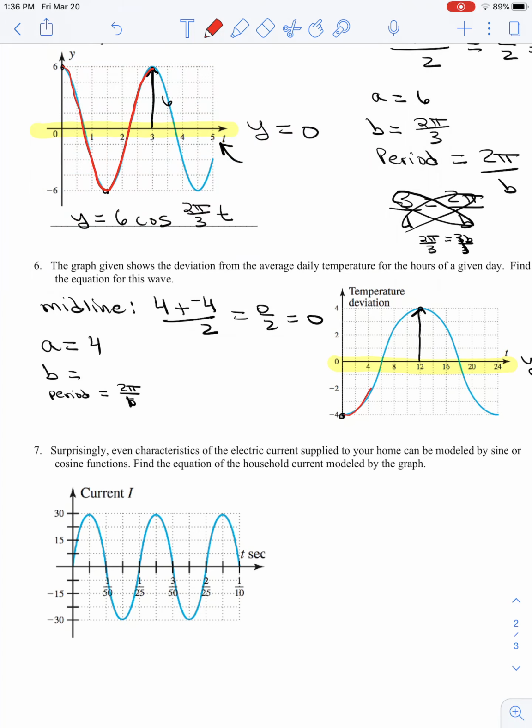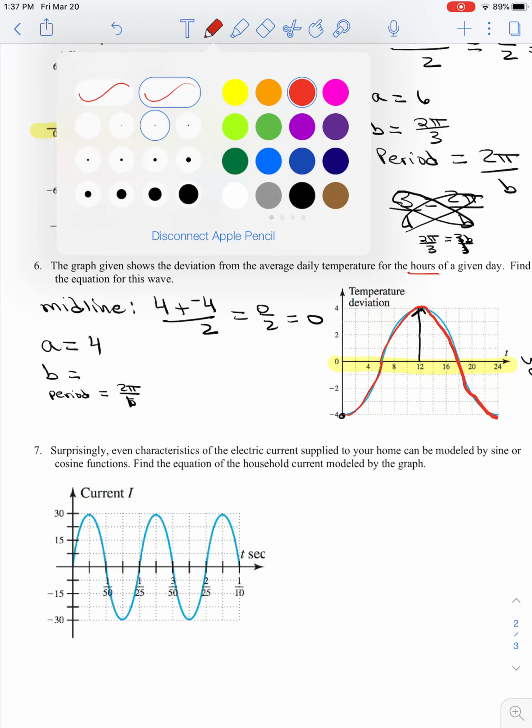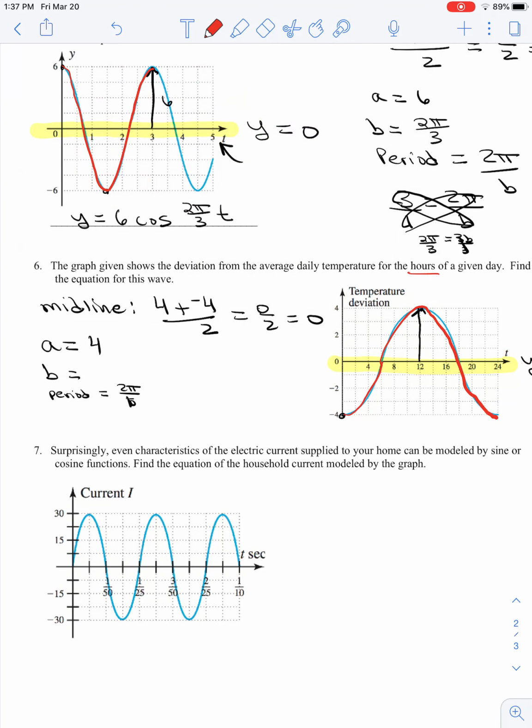So let's see. This is the cosine curve. It's actually a negative cosine curve because it started at the minimum. So it took 24, either seconds or in this case it's hours, 24 hours to go through one complete cycle. So now I'm going to say, okay, I know the period is 24.